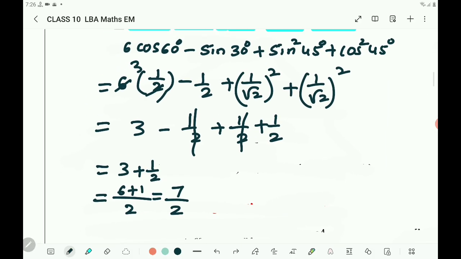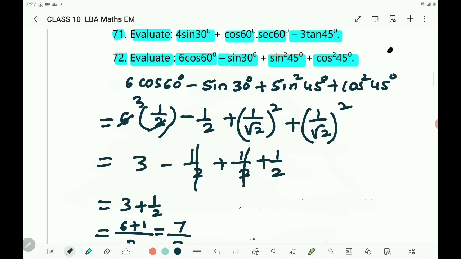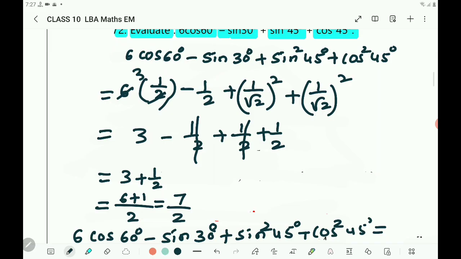Then you write 6 cos 60 degree minus sine 30 degree plus sine square 45 degree plus cos square 45 degree is equal to how much? 7 by 2.